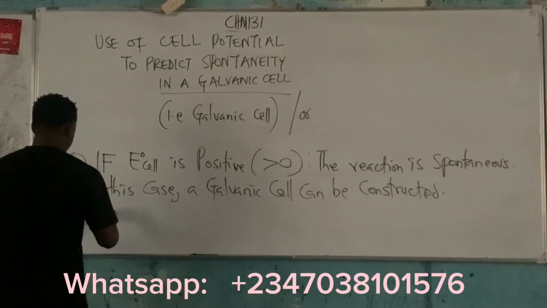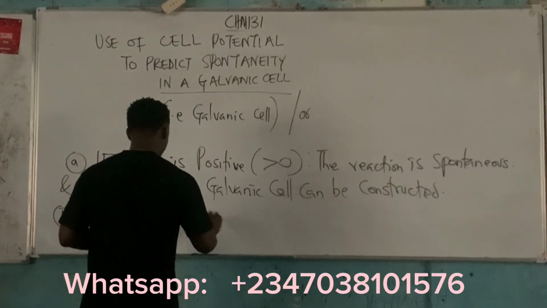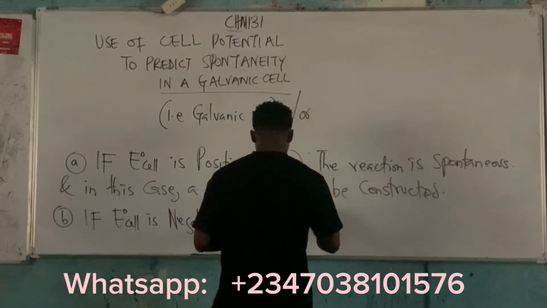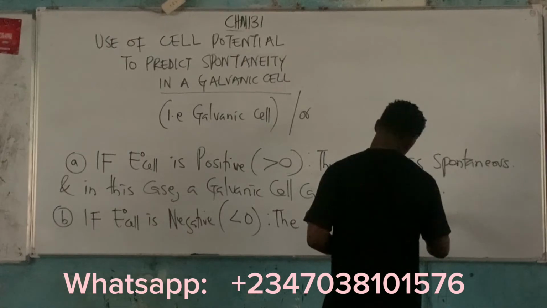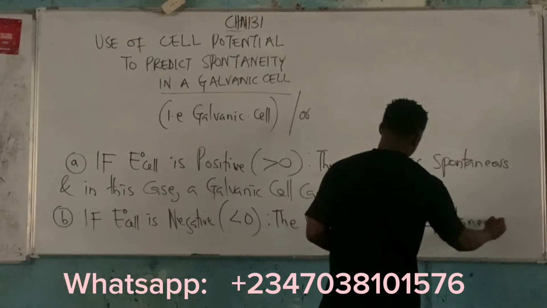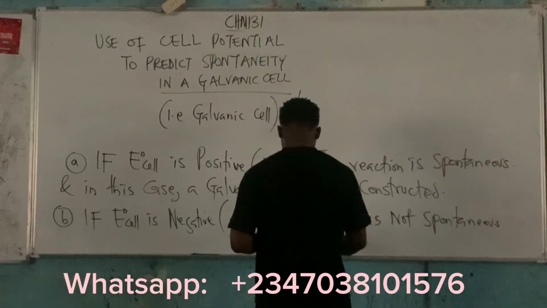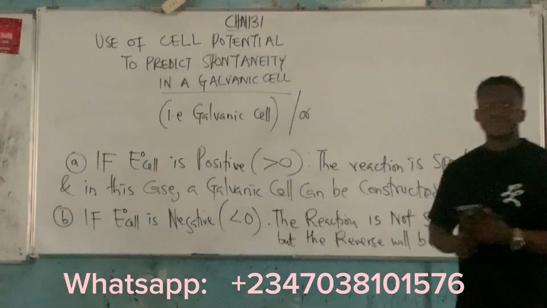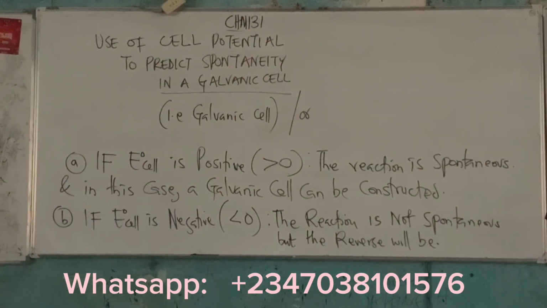B, if E naught cell is negative. Now, if you solve for your cell potential and it's negative, that is less than 0, it means that the reaction is not spontaneous.